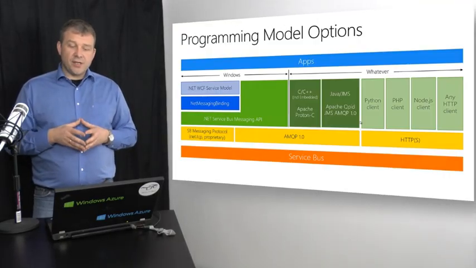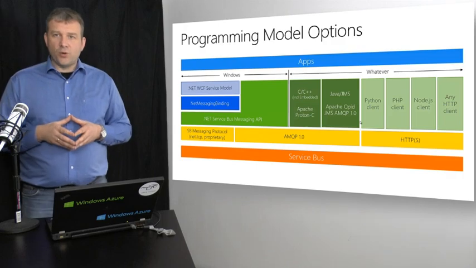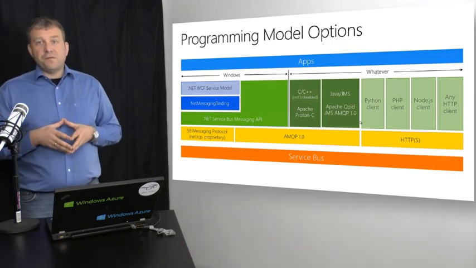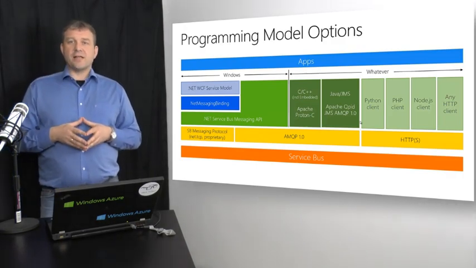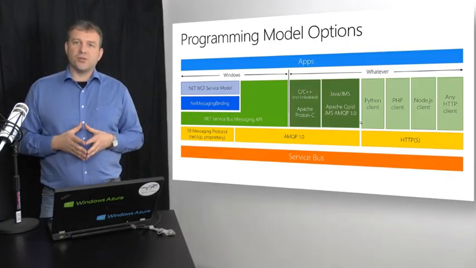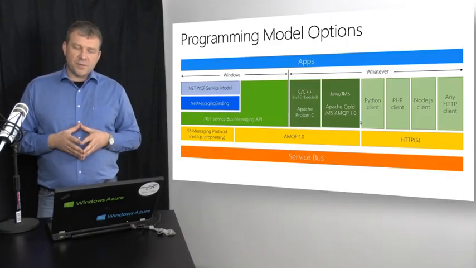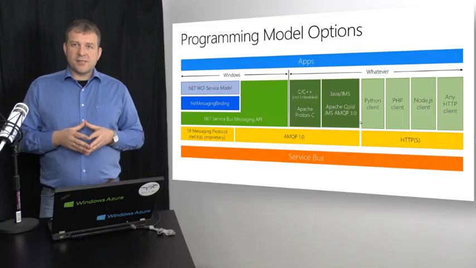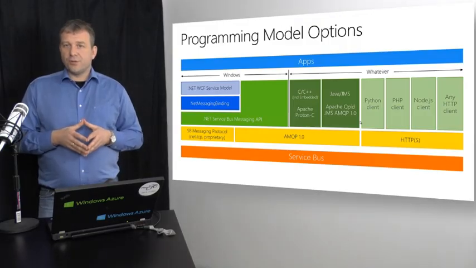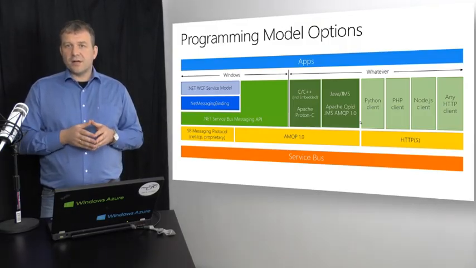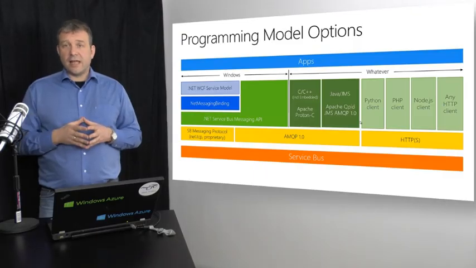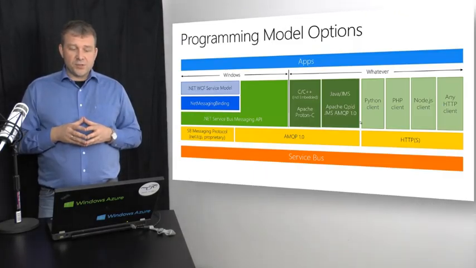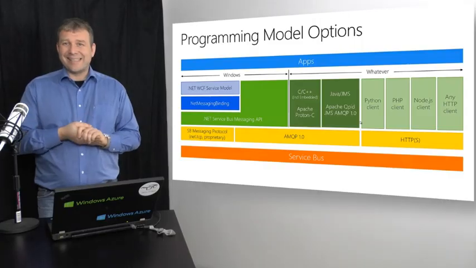You also see below this the AMQP 1.0 protocol. And that's the future protocol that we're going to standardize everything on, that effectively we're going to migrate to with all the features. AMQP is an effort that was started several years ago. And late last year, this was ratified as an OASIS standard.